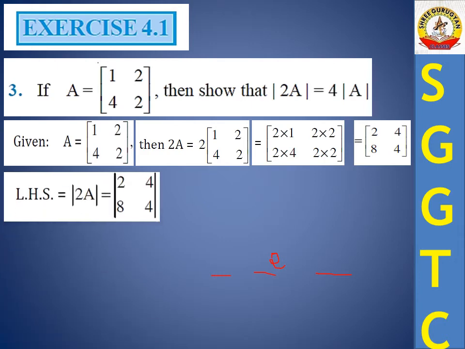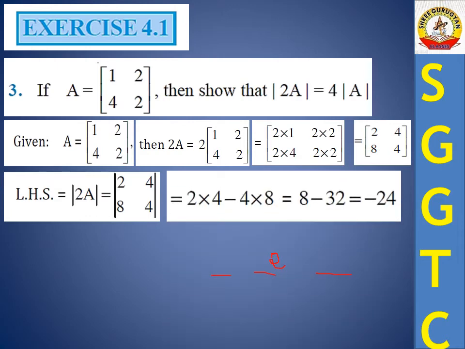Now I start our LHS. My LHS is the determinant of 2A. So apply the values in the determinant 2 4 8 4. Very easily apply principal diagonals minus secondary diagonals. You get the answer 8 minus 32 is equal to minus 24. Yes students, the LHS answer is minus 24.